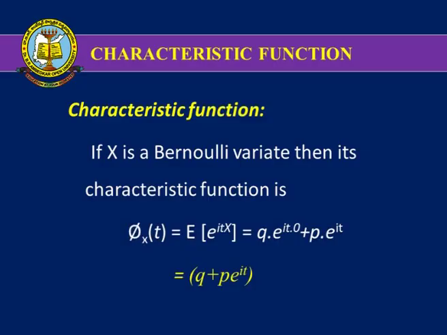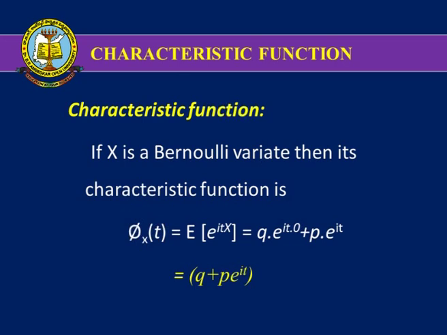If x follows a Bernoulli variate, then its characteristic function is phi_x(t) is equal to expectation of e to the power of itx, which is equal to q into e to the power of it into 0 plus p into e to the power of it.